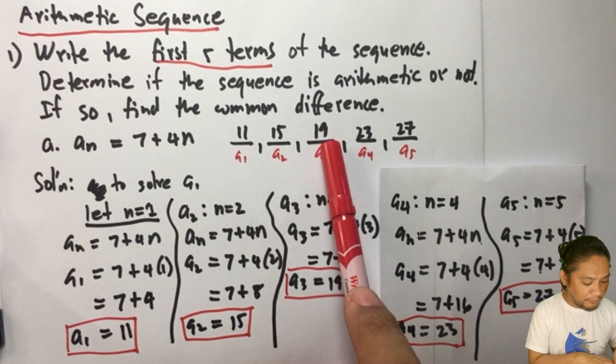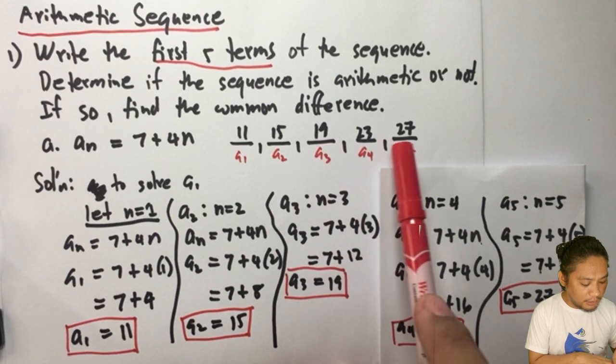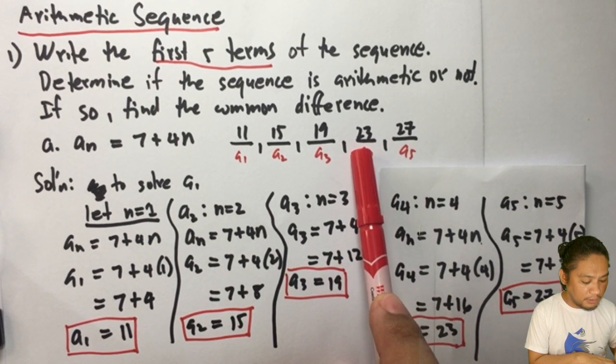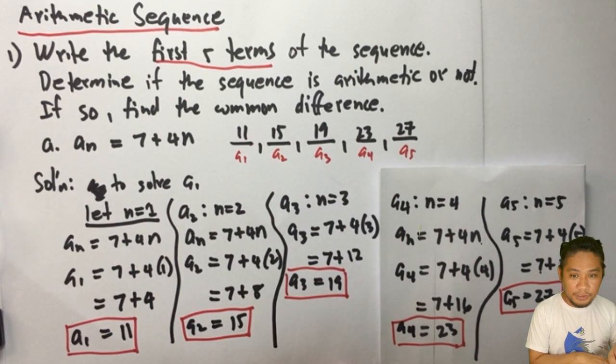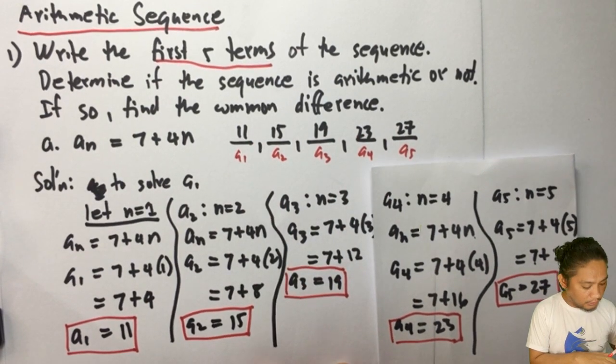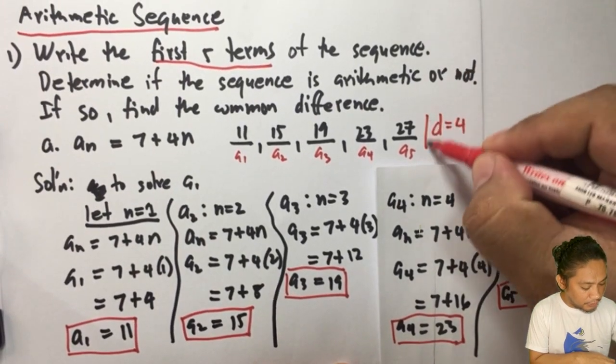And 19 minus 15 is also 4, and 23 minus 19 is also 4, and 27 minus 23 is also 4. So that means the difference between the terms is common, and that common difference is equal to 4.